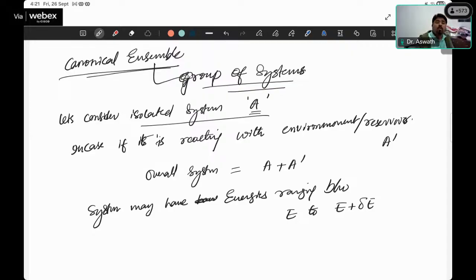Now I'm talking about a reservoir. If the system is interacting with the reservoir, then I have to worry about that also.